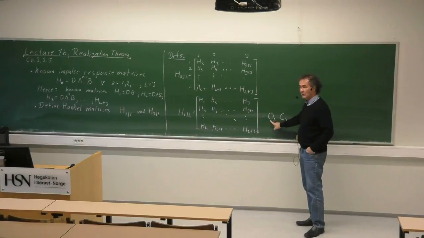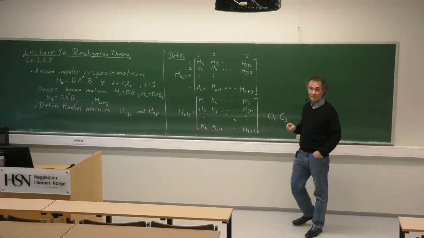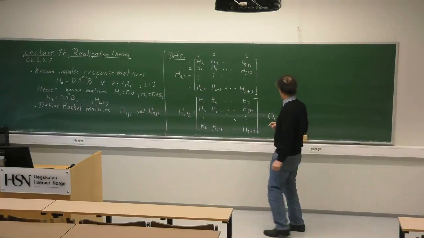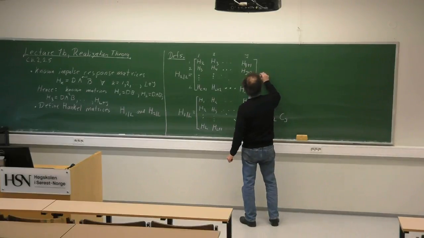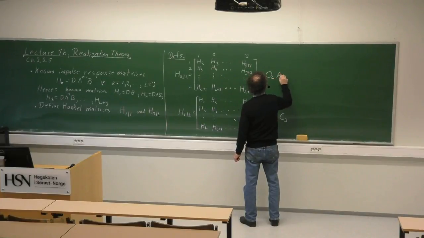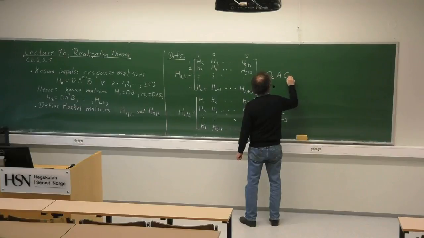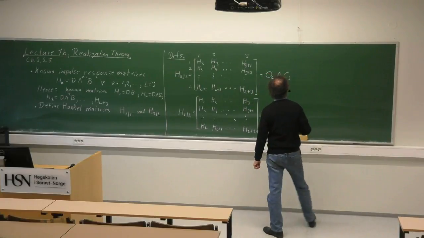This is the observability matrix and controllability matrix, but it is also defined as extended observability and controllability matrices. And this one is related to the same matrices in the following way: O_L times the system matrix A times the controllability matrix.